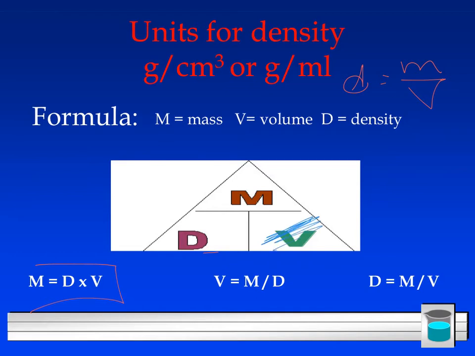Whatever you solve for, you cross out, and what are we left with? Volume equals mass divided by density. And if we are solving for mass, cross out mass, and mass equals density times volume.